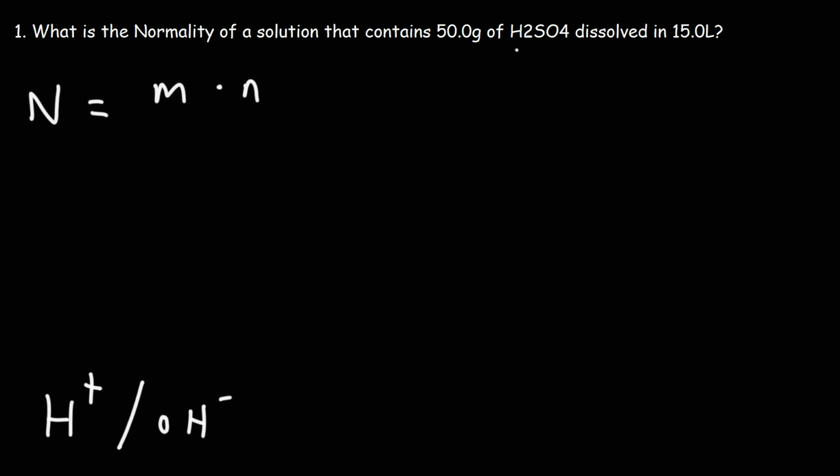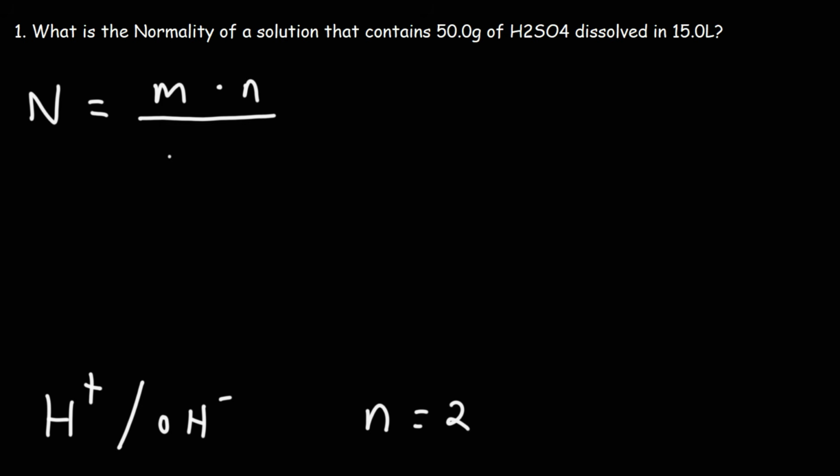So in the case of H2SO4, in one formula unit, notice we have 2 hydrogen ions. Therefore, for this example, N is 2. So N is associated with the acidity or the basicity of the substance, specifically the number of protons or hydroxide ions per formula unit.